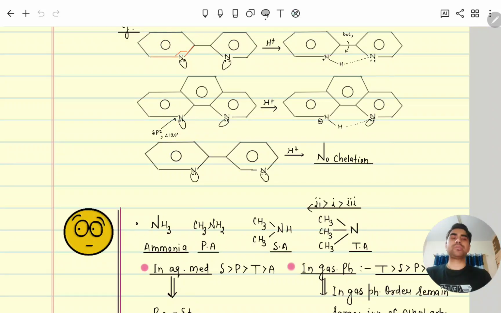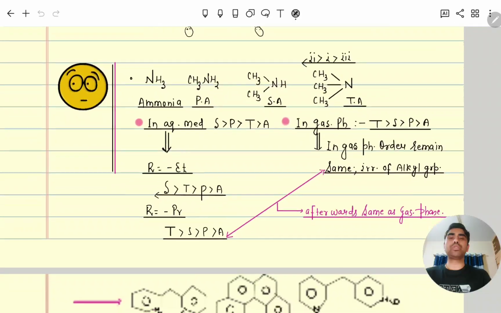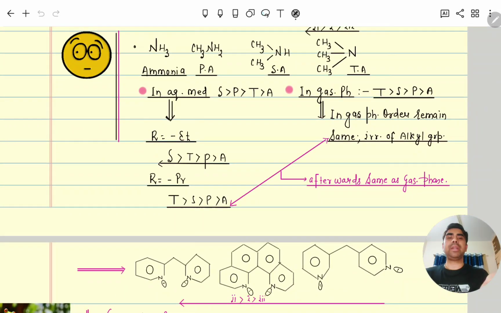Clear? Next, this one is the most important: ammonia, primary amine, secondary amine, and tertiary amine. If it is in aqueous medium, we already discussed how it is happening, but here in the synopsis we only need to remember its result.